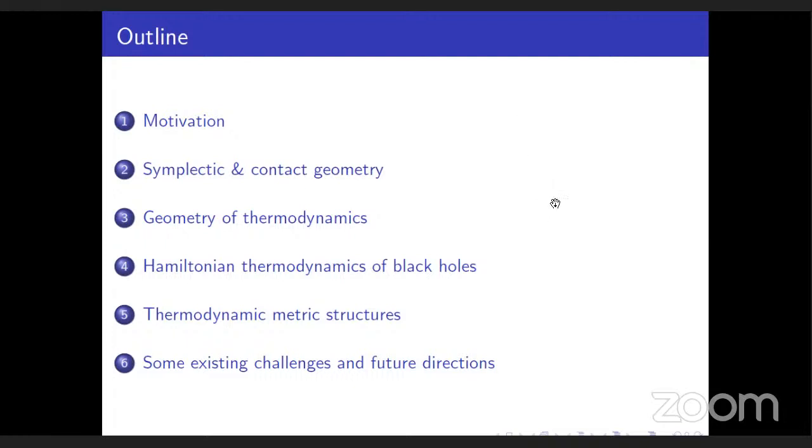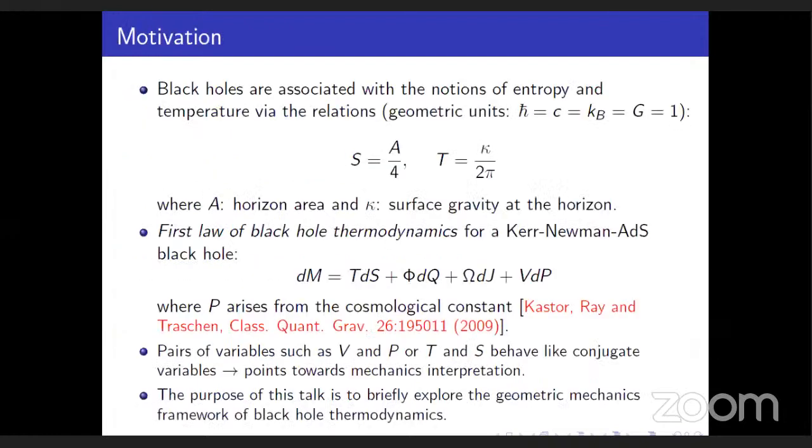Then we'll do a brief recap of symplectic and contact geometry. After that, we'll look at some geometrical aspects of thermodynamics and the Hamiltonian description of thermodynamic transformations. And finally, I'll make a few remarks on metric structures and thermodynamics, and we'll end by pointing out a few existing challenges.